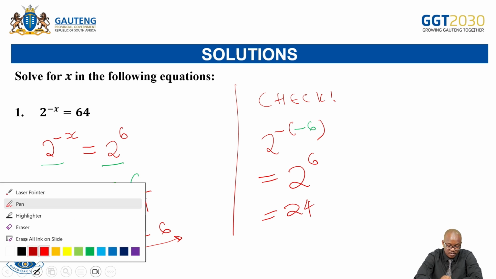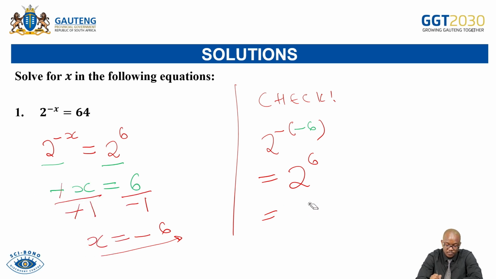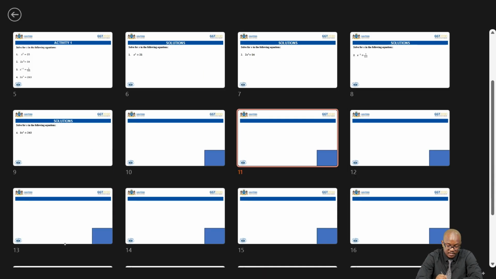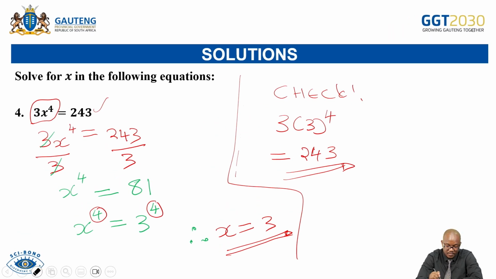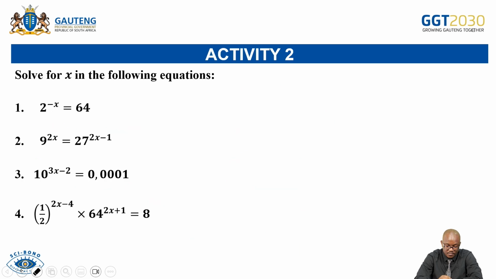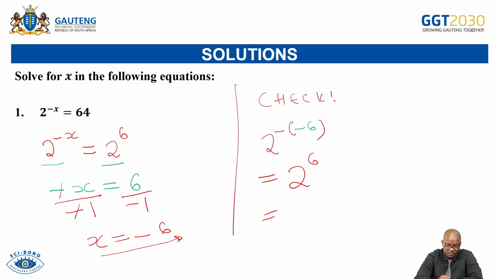Not 24, sorry, we are not at 24, but we are at 64. Correct? We are at 64. So this is how you can check your answers.